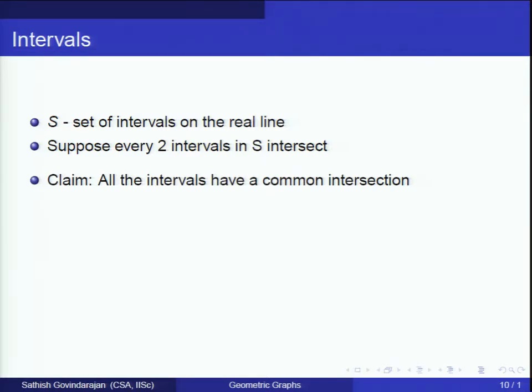I want to prove it in a more constructive manner, in the sense that I would like to find one point on the real line and show that that particular point is present in all the intervals. And if I am able to show that, I have proved what I wanted to prove. Because there is a point which is present in all the intervals, which means that there is a common intersection.